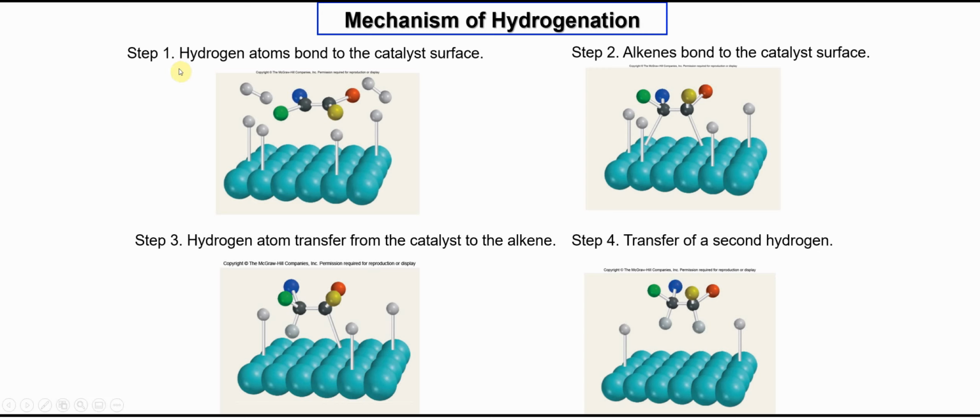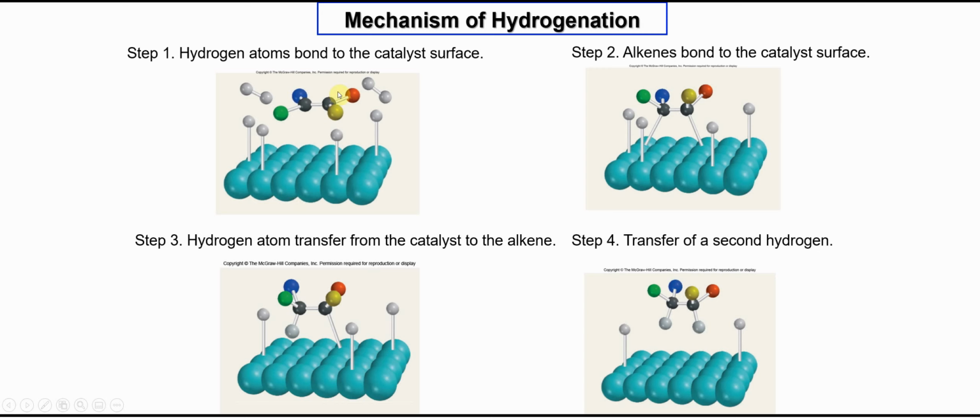The first step is that hydrogen atoms bind to the catalyst surface. This colored spherical part represents the catalyst surface. So hydrogen atoms are going to be bonded to the catalyst surface, your first step.